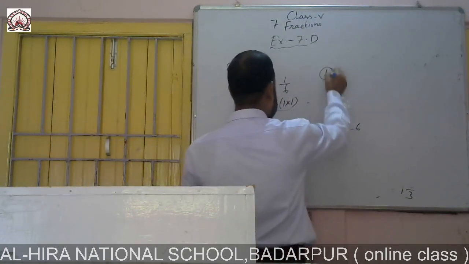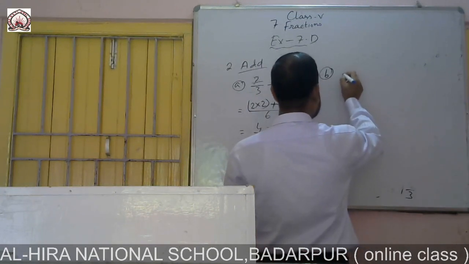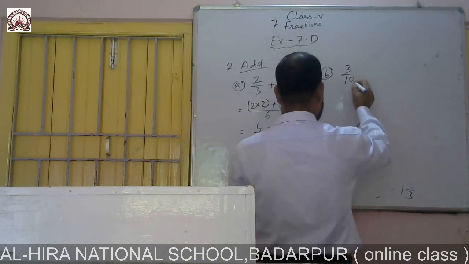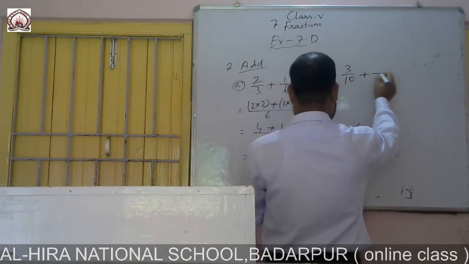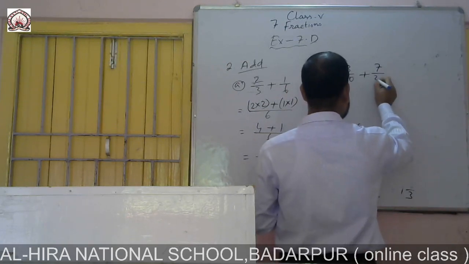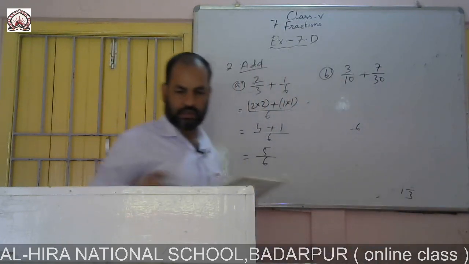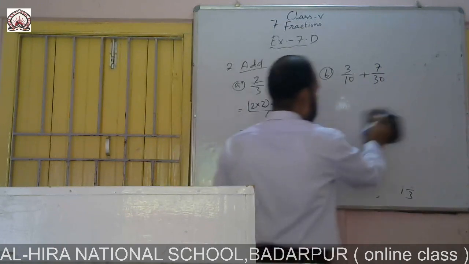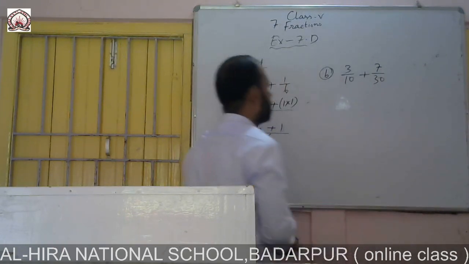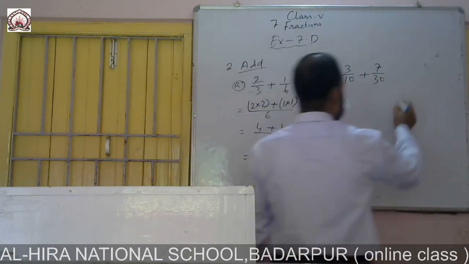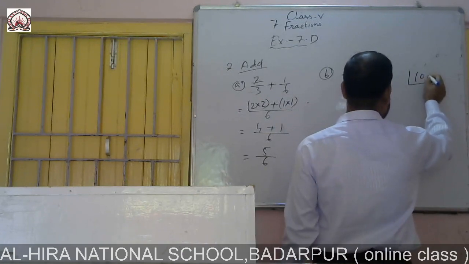Question number B. 3 by 10 plus 7 by 30. There also the denominators are different. So we take out the LCM of 10 and 30.